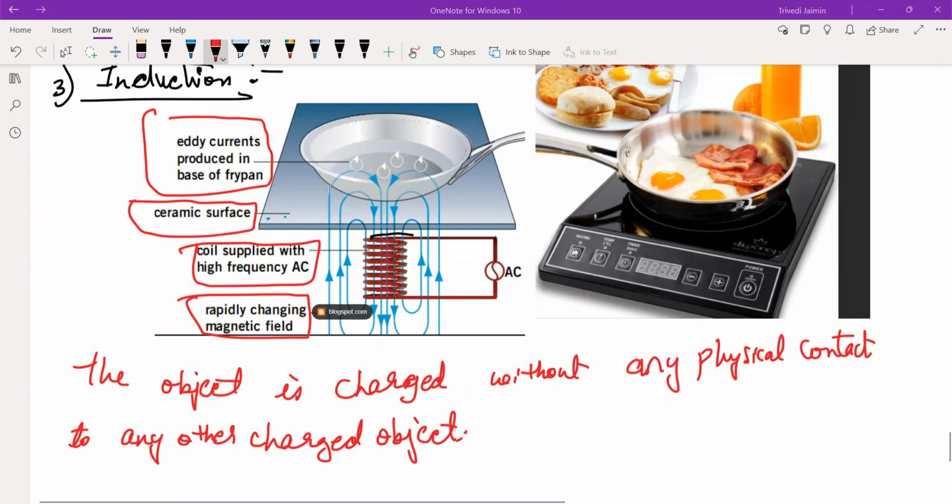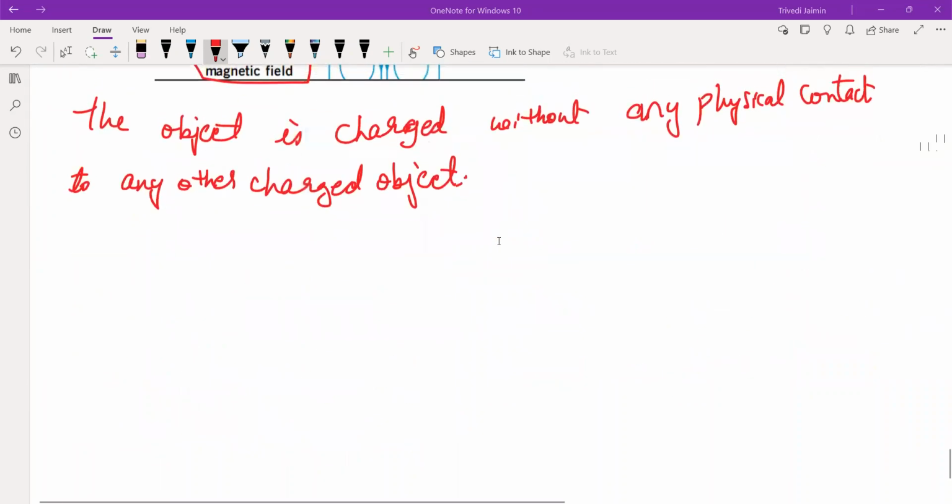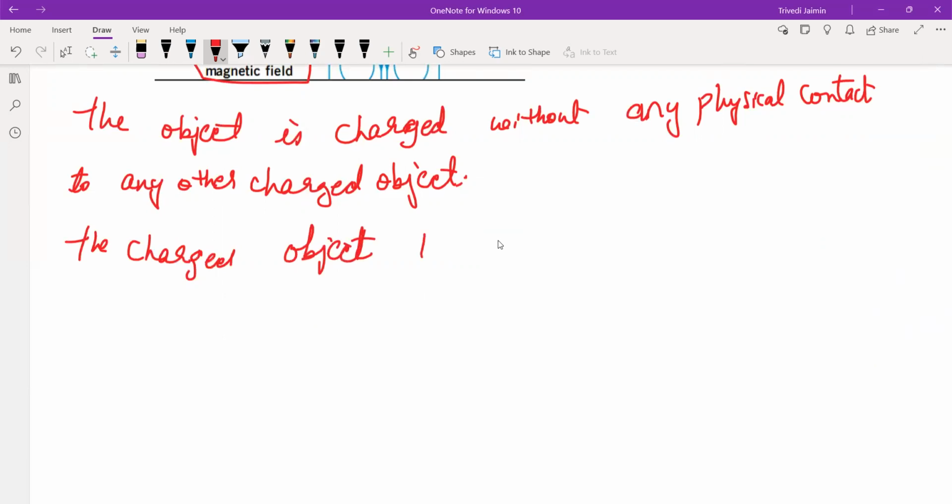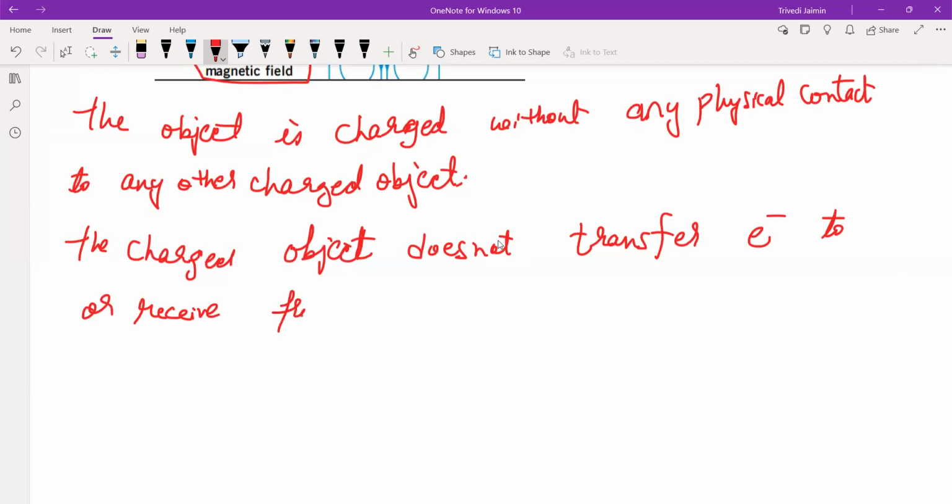So if I write in some words, the charged body or object does not transfer or receive electrons from other charge.